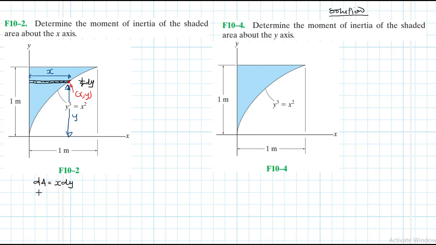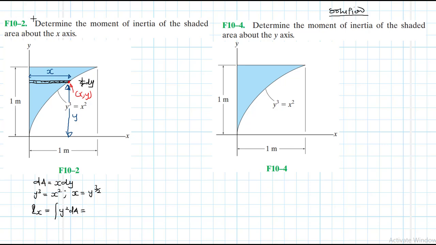Okay, and then the function that governs our curve is y cubed equal to x squared. Making x subject of the formula, we are going to have x equal to y to the power 3/2. Moment of inertia about the x-axis is integral of y squared dA.